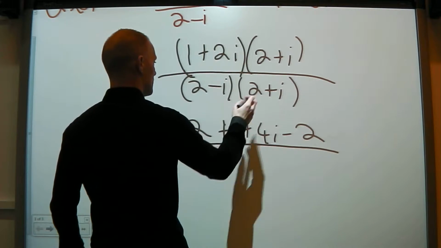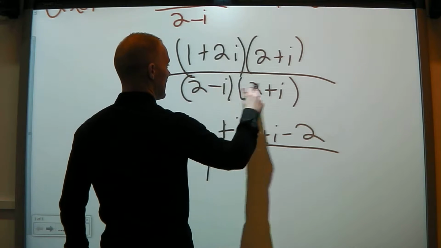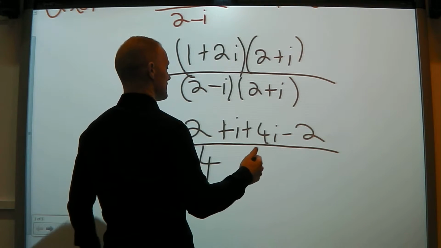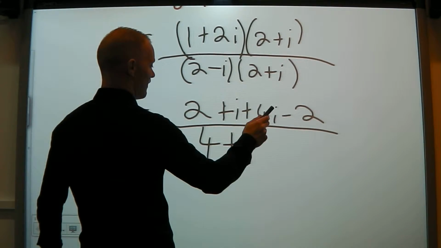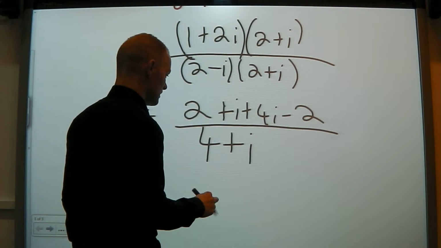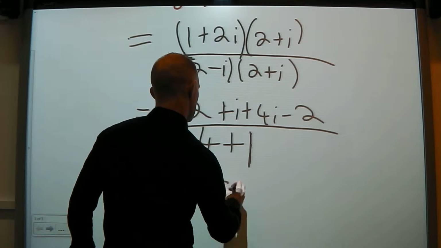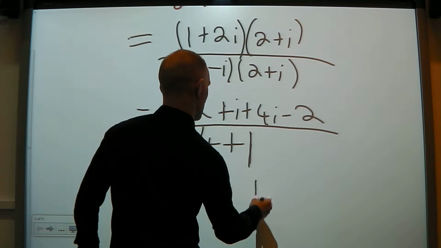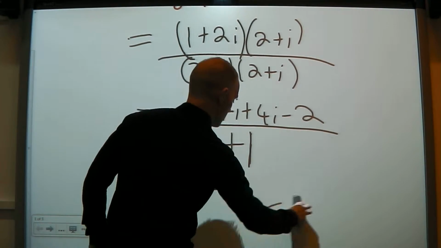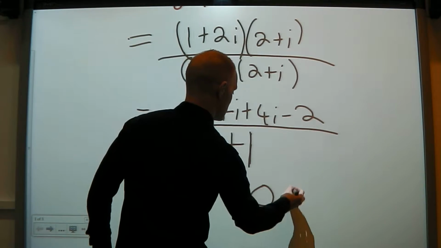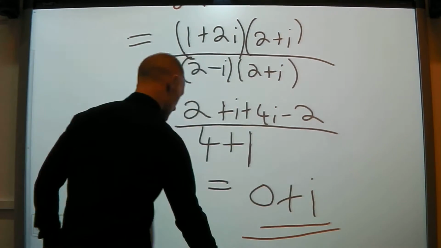That is all over 2 twos are 4, minus 2i plus 2i cancels out, and then you have minus i squared, which is minus minus 1, which is plus 1, which is 5. So on top you're going to get 5i, and on the bottom you're going to get 4 plus 1, which is 5, so that's equal to 5i over 5, which is equal to i. You can rewrite that if you want, so 0 plus i. And that's your answer there.